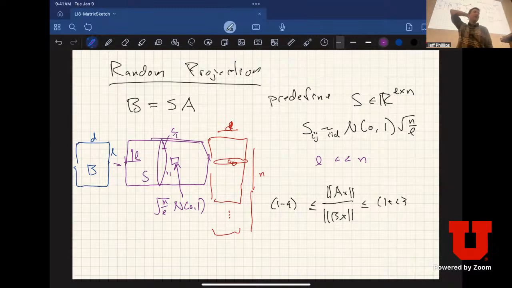Okay, this is not quite what they use. This is actually too slow because the S matrix is going to be too dense. I'm multiplying A by an L-dimensional vector, and it's affecting all of the entries of B as the output.